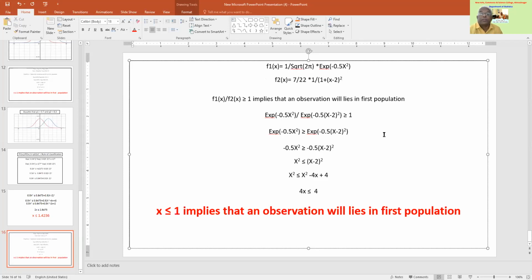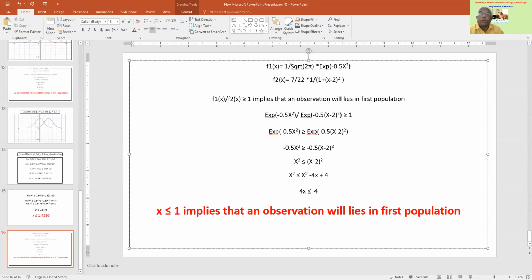So f1x upon f2x greater than or equal to 1 implies the observation will lie in the first distribution. We have to simplify this. I will ask you to do this simplification and see what the cutoff point becomes.